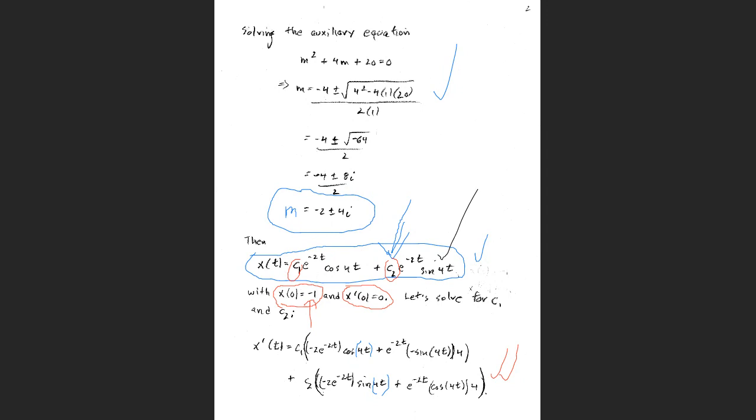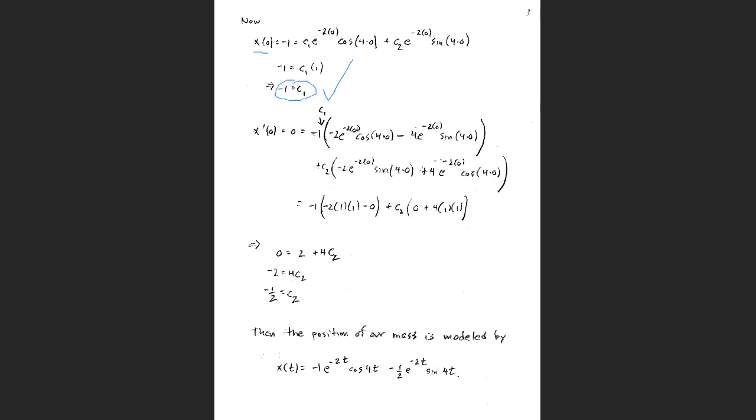All right. And so, of course, now we are going to substitute t equals 0 into our x of t position function and the derivative of our position. So we'll go to the next page, and here's where I do the substitution. Okay, and when I substitute t equals 0 in my position function, I determine that C1 equals -1.